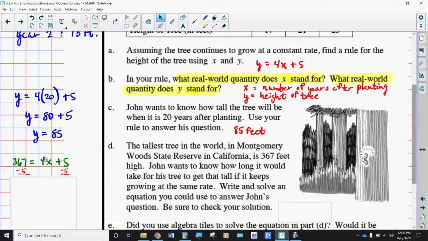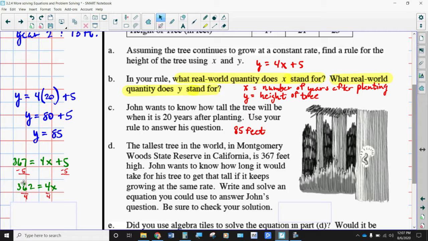So let's get the X term by itself first by taking away 5 from the right side. And whatever you do to the right side, you have to do to the left side of the equation. You got to remove the same amount from each side to keep everything balanced. So that means that 4x is equal to 362, and now we'll divide each side by 4 because we need to know what do you multiply times 4 to give you 362.